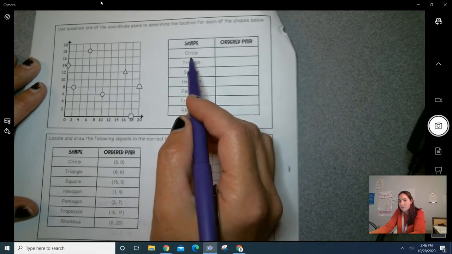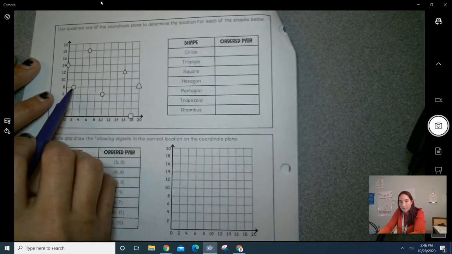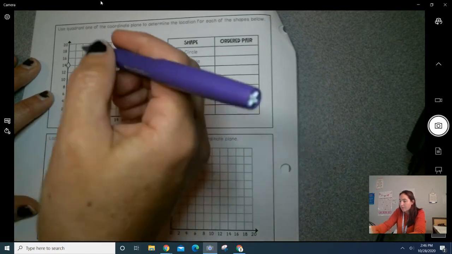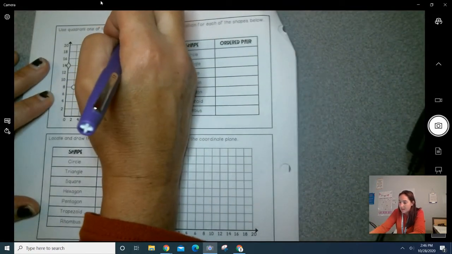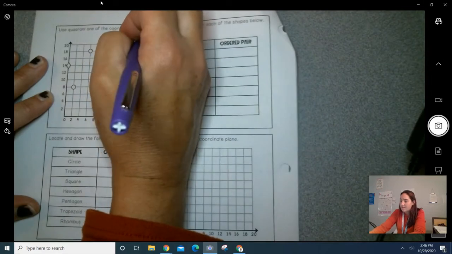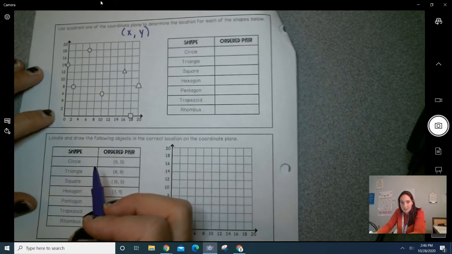So the first one is a circle. The circle is right here, as you can see. And remember, our ordered pair says first we put the horizontal number and then we put the vertical number, okay? So first is going to be the x-axis, the x-coordinate, and then next is going to be the y, okay? We'll get more practice with this soon.